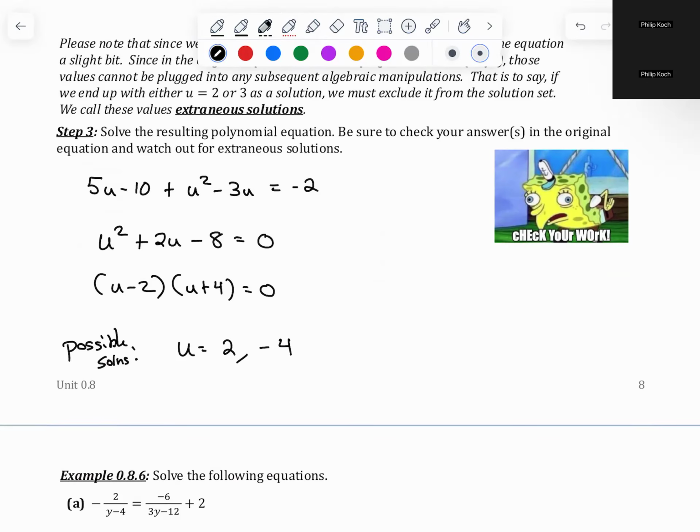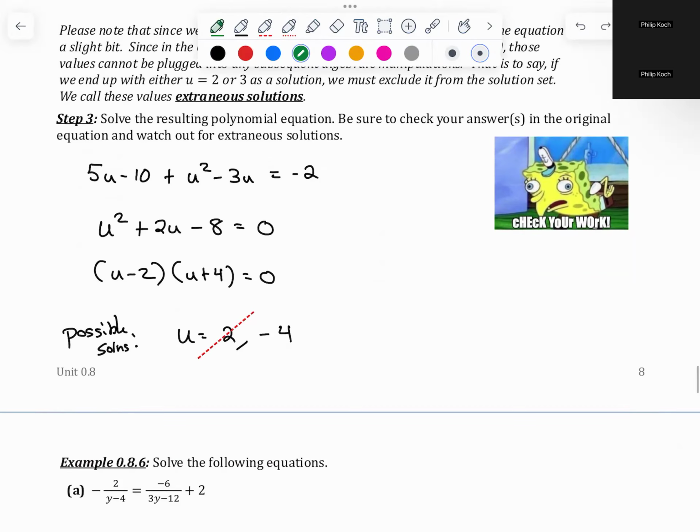However, 2 is not possible because it can't be plugged into the original equation. So the answer is u equals -4 only.